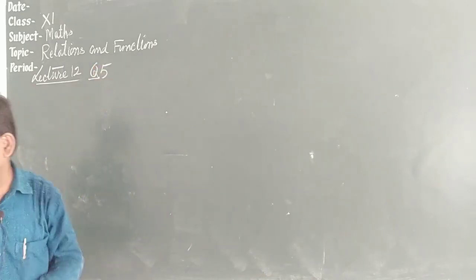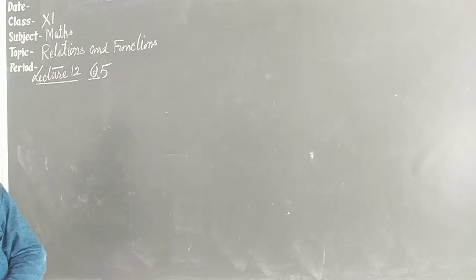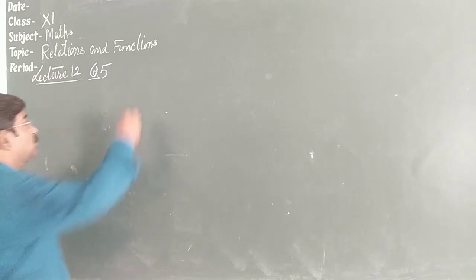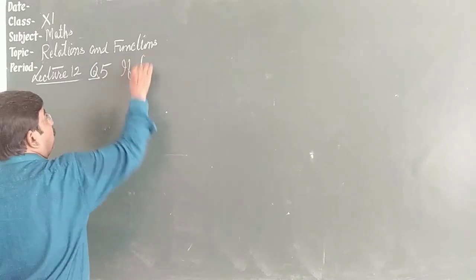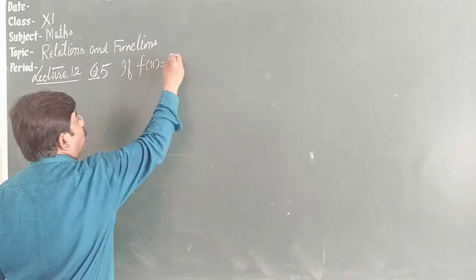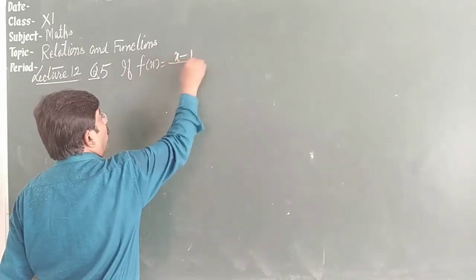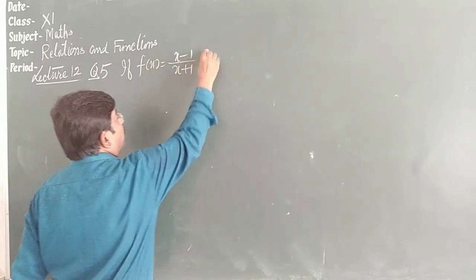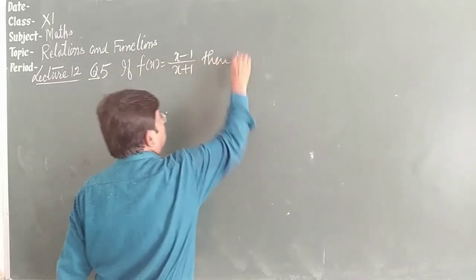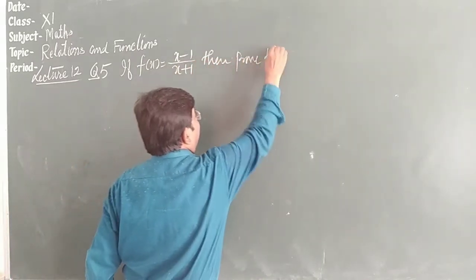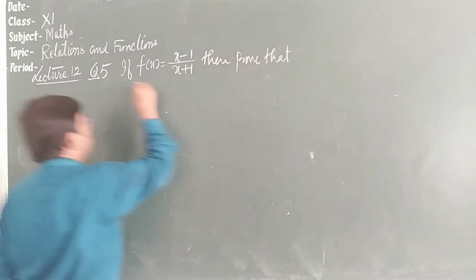Question number 5: if f(x) = (x − 1)/(x + 1), then prove that it has two parts.